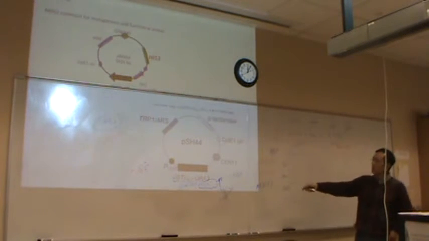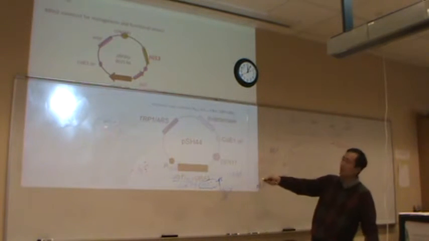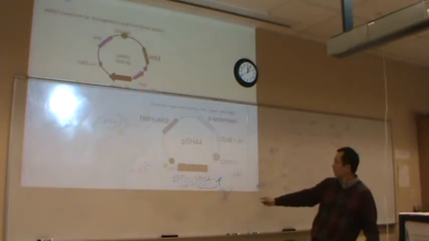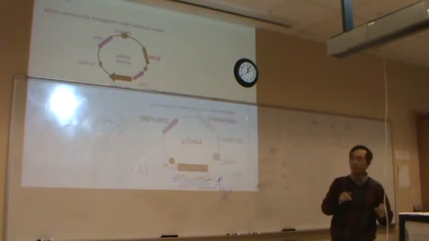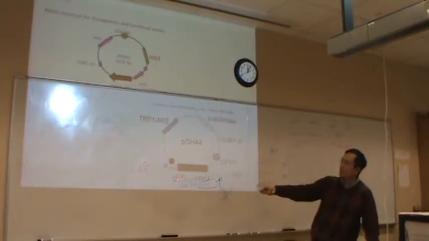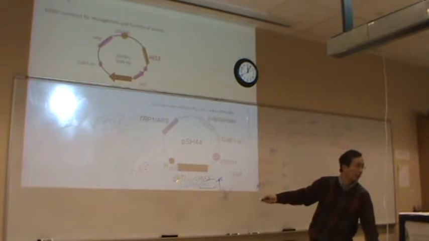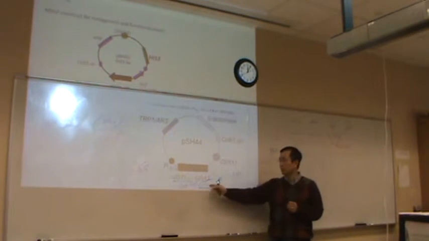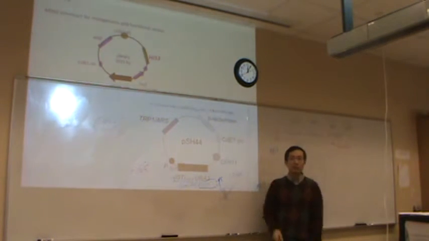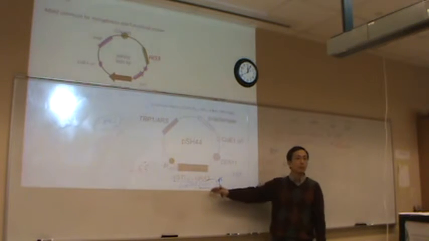For the mutant, when the MSH2 has some mutation, for example, each group has their own mutation to study, if the mismatch repair function is less efficient, then there will be a high chance URA3 will become mutant.